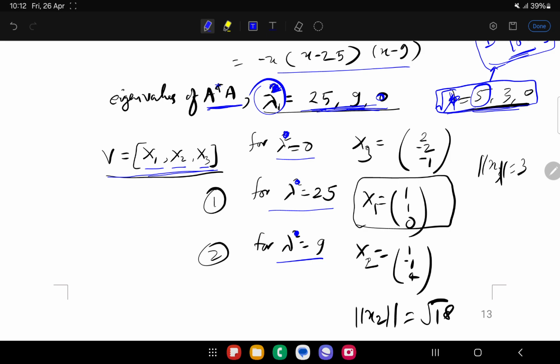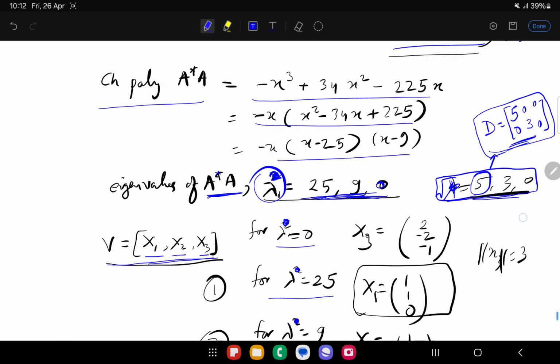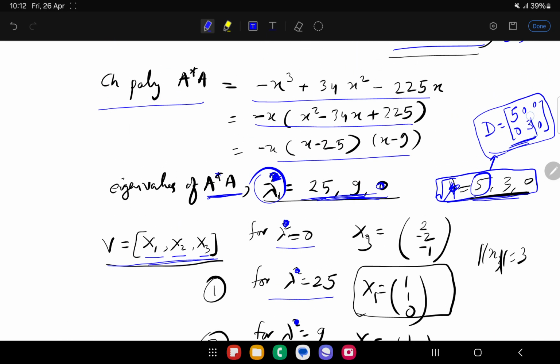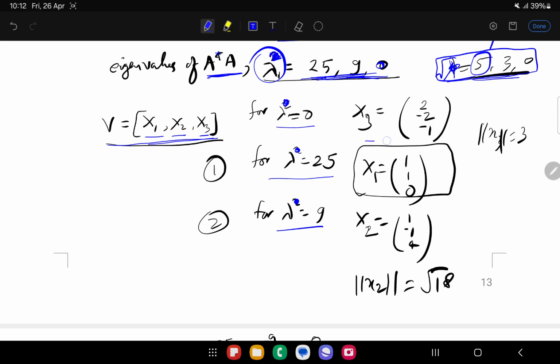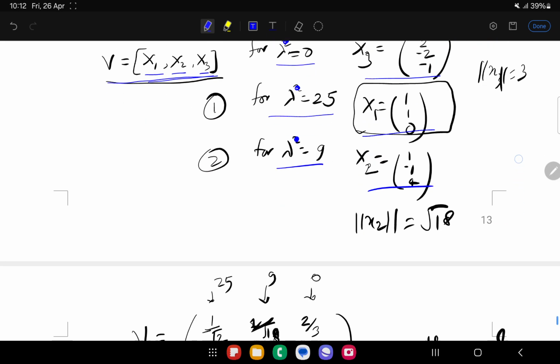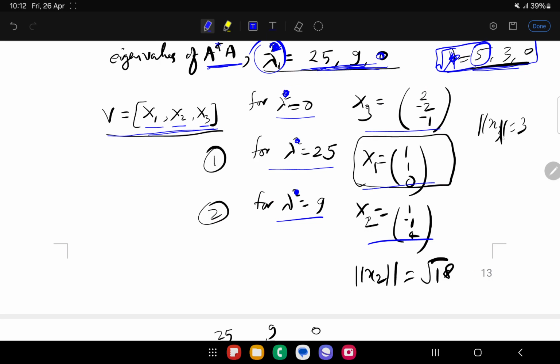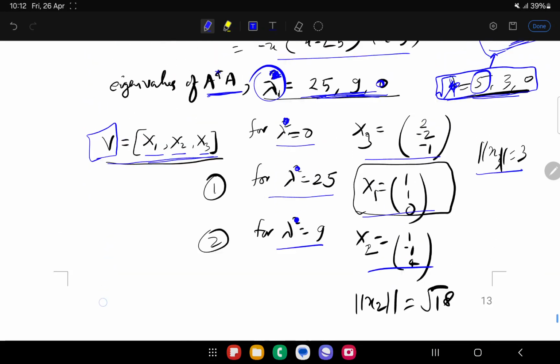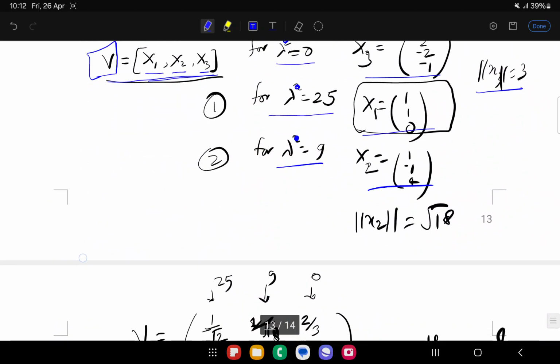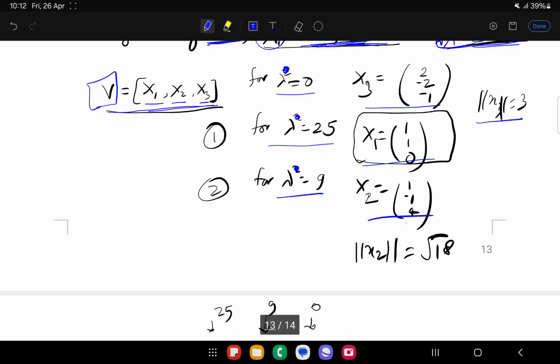So whatever the non-zero eigenvalues are, they will decide your diagonal part in the D matrix. So we calculated these eigenvectors x1, x2, x3 first, and then since we want V to be orthogonal, these are all orthogonal vectors.